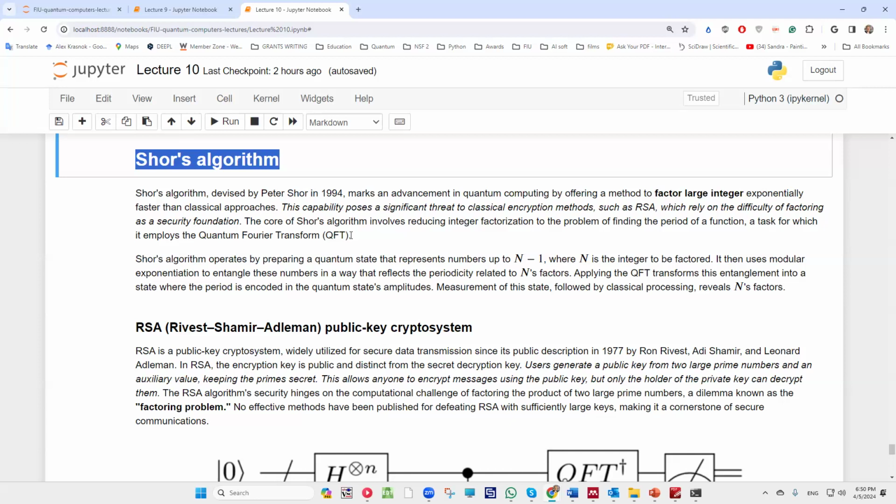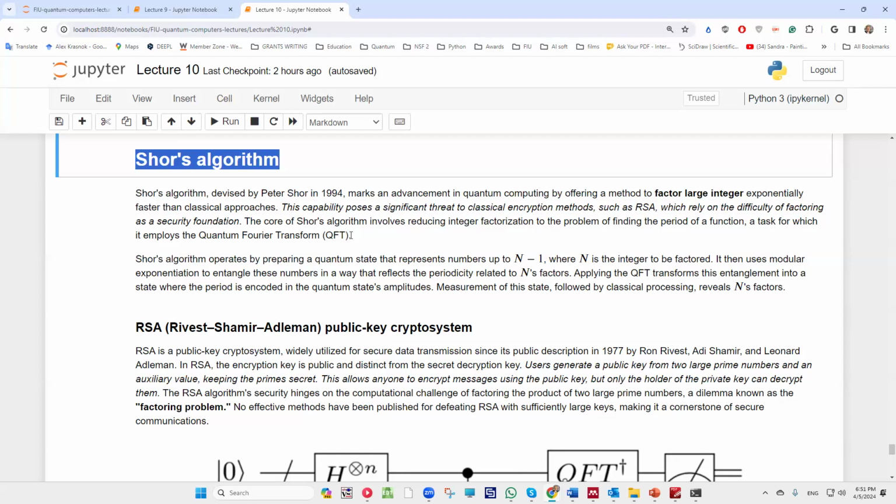However, if we have a large number which is a product of two prime numbers, we cannot apply this approach. We cannot divide by 2, by 3, and so on, because prime numbers cannot be divided by other numbers without remainder.